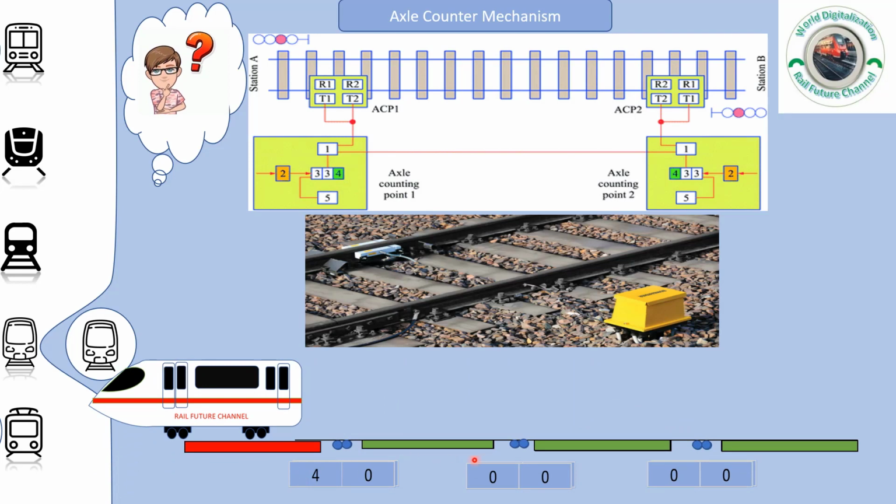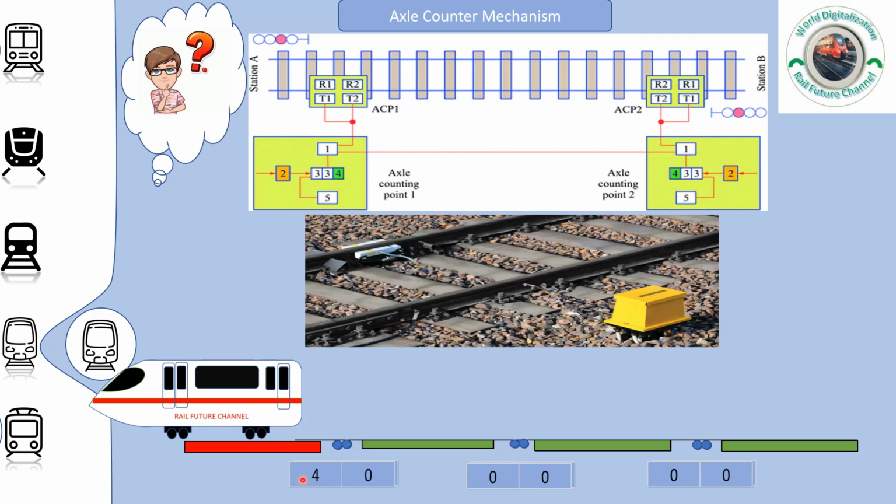Right now the train passed over the axle counter here, so we have 4 axles here and minus 4 here, so the evaluation unit will decide that it's a clear section right now.